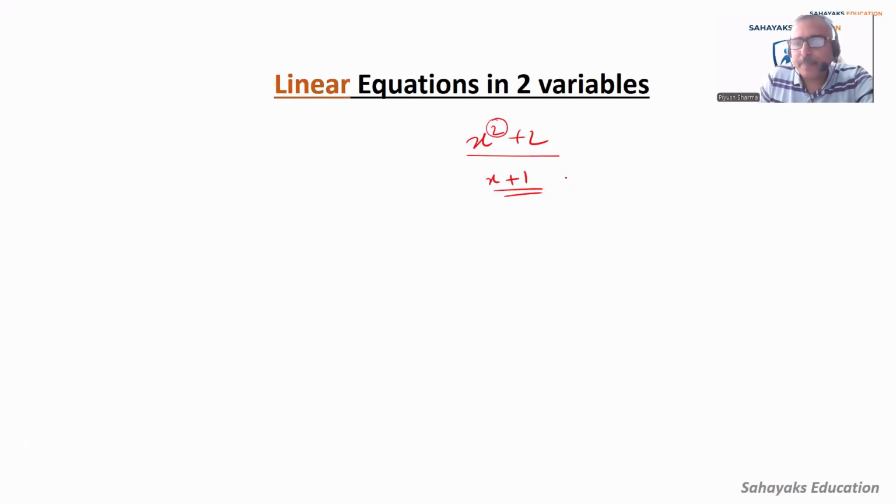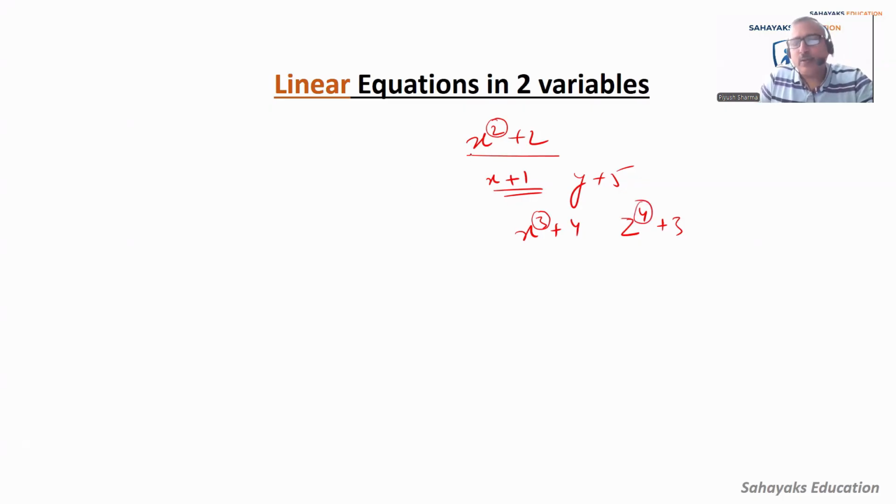When I say y plus 5, this is a linear equation. If I say x cube plus 4, it is not a linear equation because the maximum power is 3. If I write say z to the power 4 plus 3, it is not a linear equation, reason being the power of z is 4. So you understood what is linear.